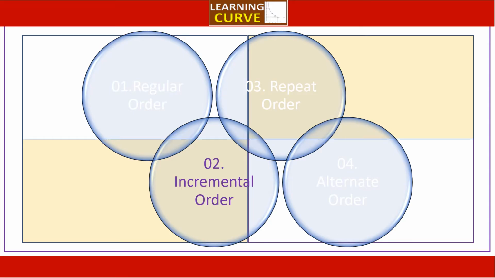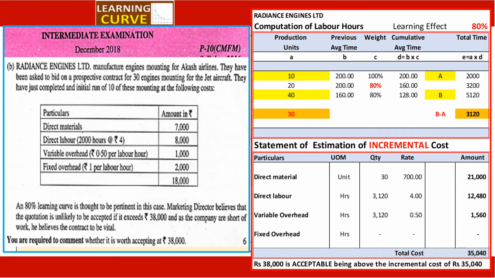We will take up now another illustration which talks of incremental orders. And in case of incremental orders, we normally make use of the marginal costing. This we have to keep in mind. And one more point that you need to remember is when you use marginal costing, you do not consider the sunk costs or fixed costs, which are kept outside to be recovered out of the normal contribution.